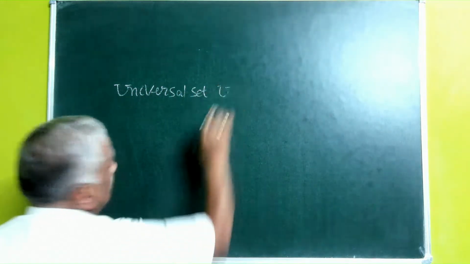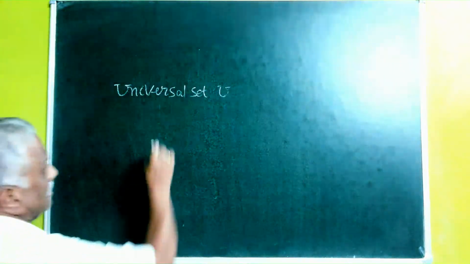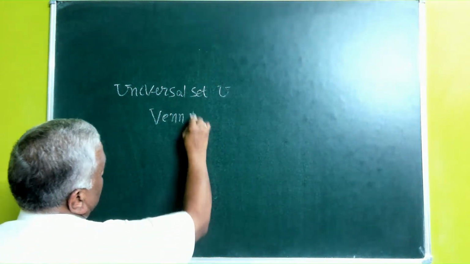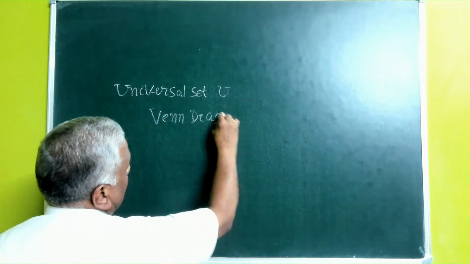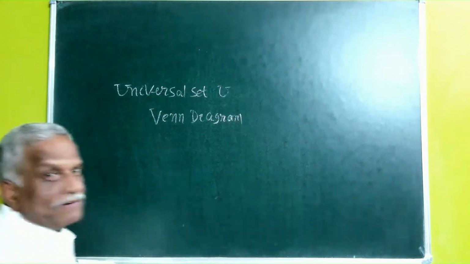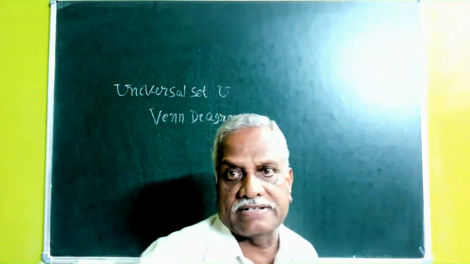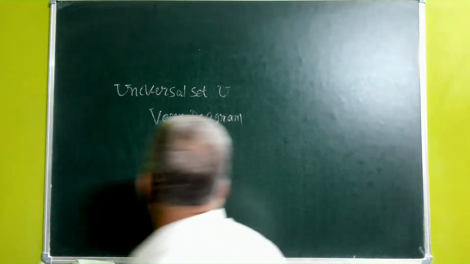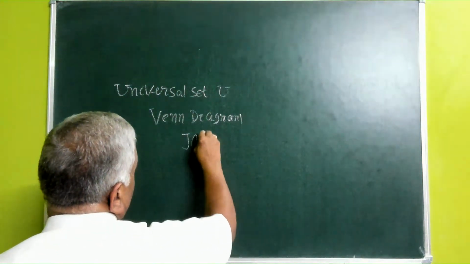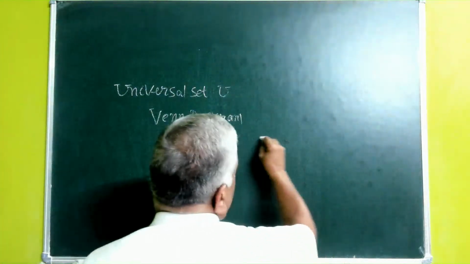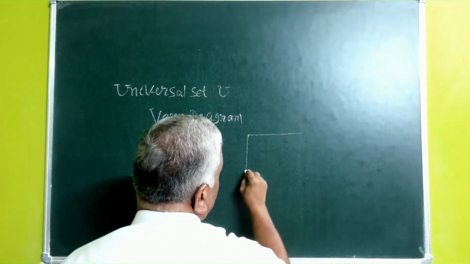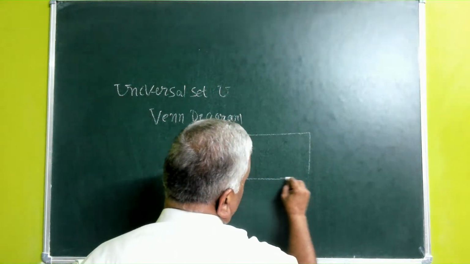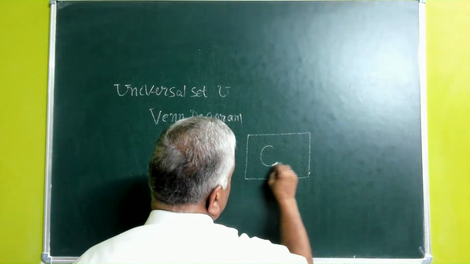Denoted by U. In fact, I must also discuss the Venn diagram. What is a Venn diagram? It's a method suggested by a mathematician, John Venn. John Venn suggested that we can represent the universal set by a rectangle and sets by circles.